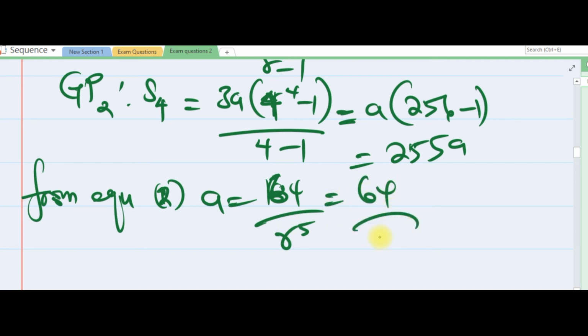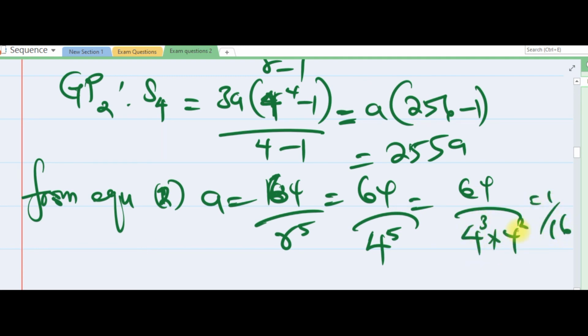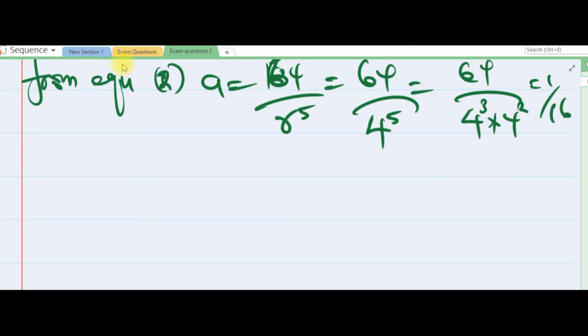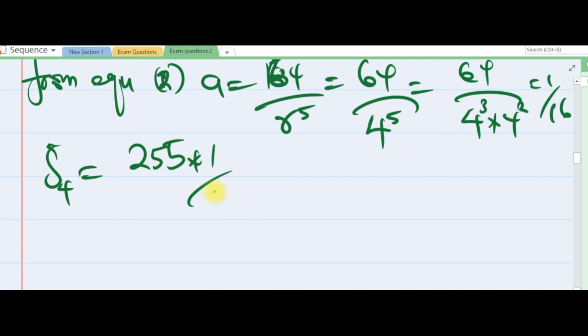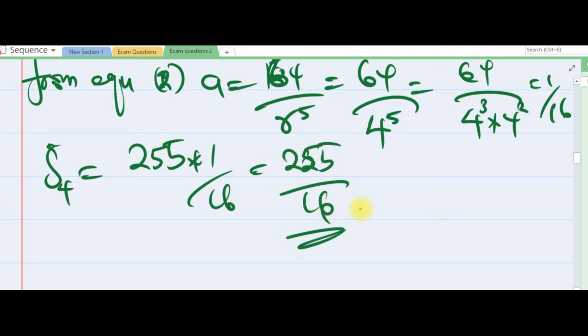And we know our r is 4, so we have 4 raised to power 5. So I think I have this 64, this should be 4 cubed times 4 squared. So we have 1 over 16. Our a is 1 over 16. Therefore, the sum of the first 4 terms is now 255 times 1 over 16. So the answer is 255 over 16. So that's the answer.